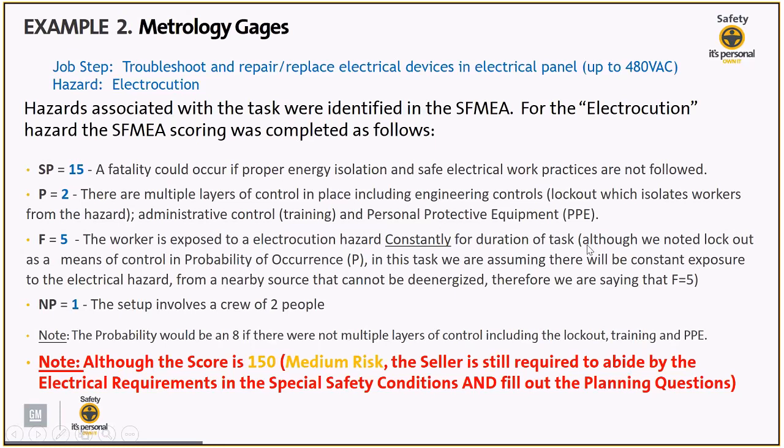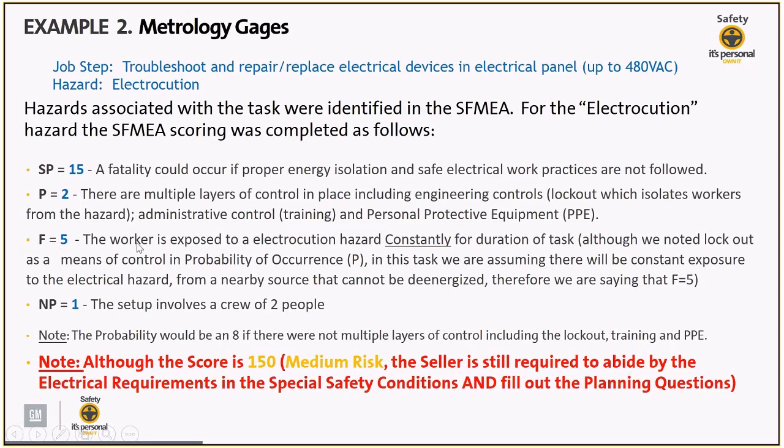Just a note here, although we noted lockout as a means of control in probability of occurrence, which is this one here, in this task we are assuming that there will be constant exposure to electrical hazard from a nearby source that cannot be de-energized. Therefore, they are exposed to some level of electrocution hazard constantly throughout the task.